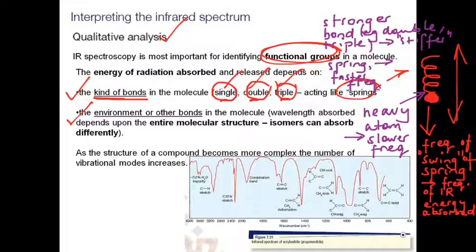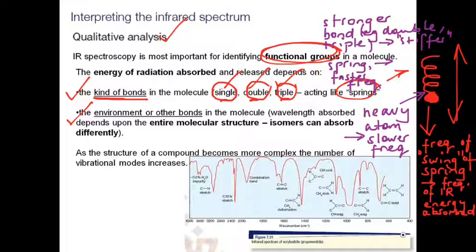So if you had a triple bond, carbon to carbon, then you would expect the resonant IR frequency absorbed to be of a much higher frequency than if you just had a single carbon to carbon bond, representing a much looser spring which vibrates slower. I hope I explained that reasonably okay for you.